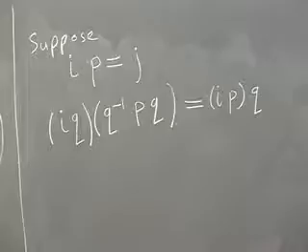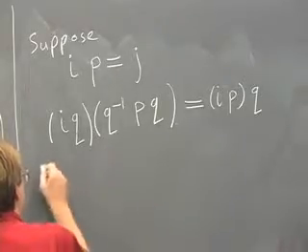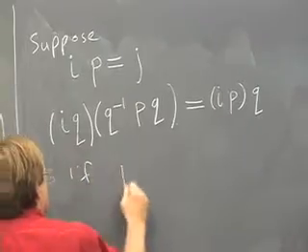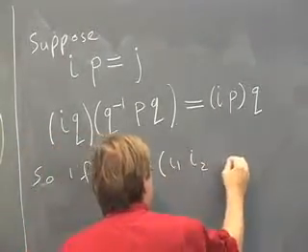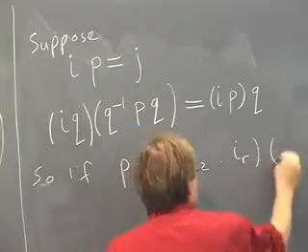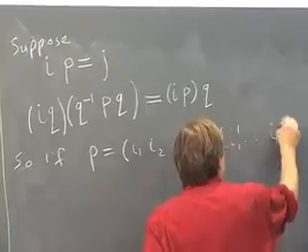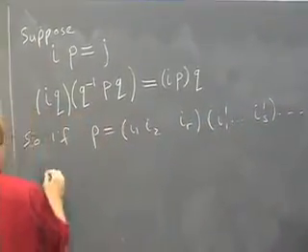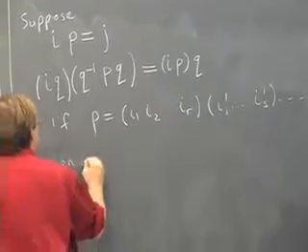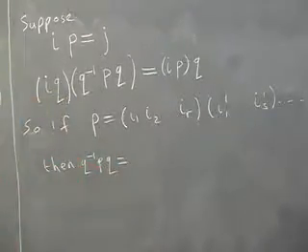And so if I have a cycle, so if P is the form I1, I2, IR, I1 primed up to IS primed, and then some more cycles. Then this Q inverse PQ, what's the cycle shape of Q inverse PQ?